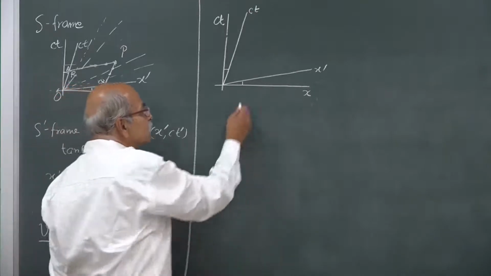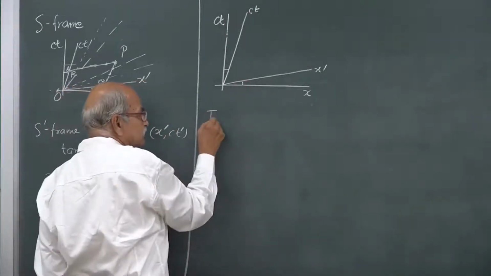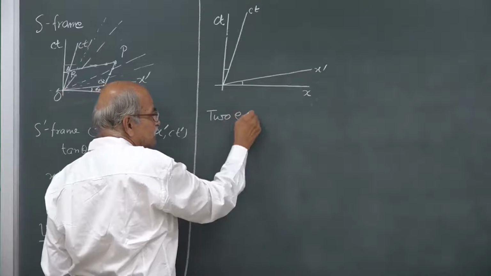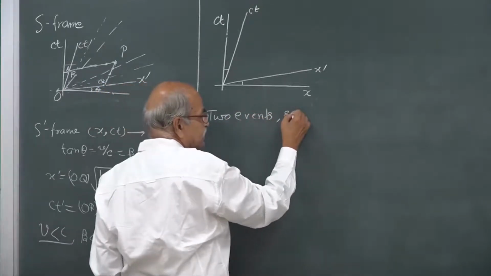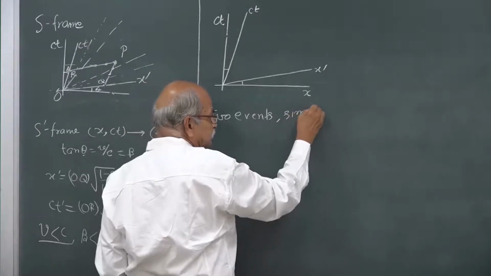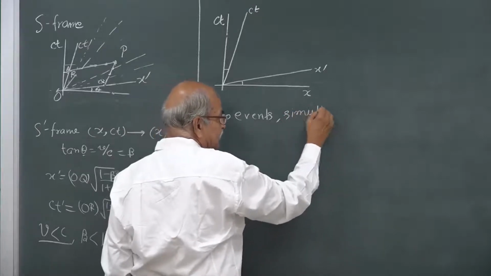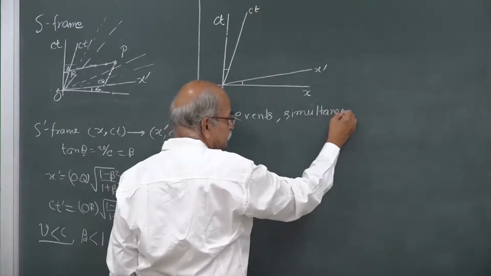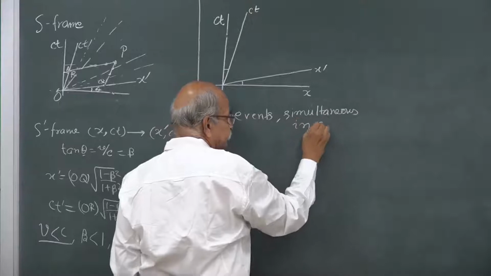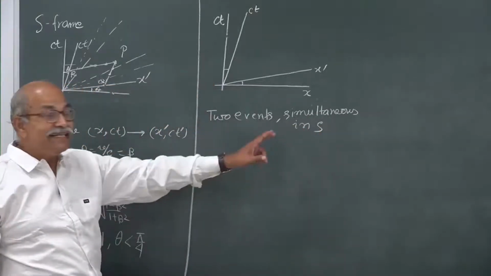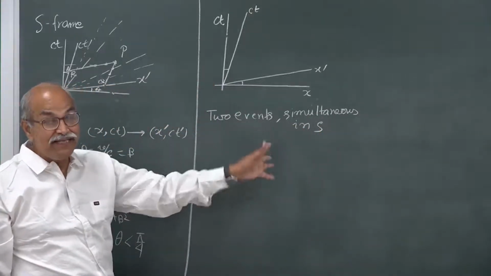And then let us say there are two events, and both these events occur at the same time, they are simultaneous in S. So, t is the same, x is different, but t is the same.